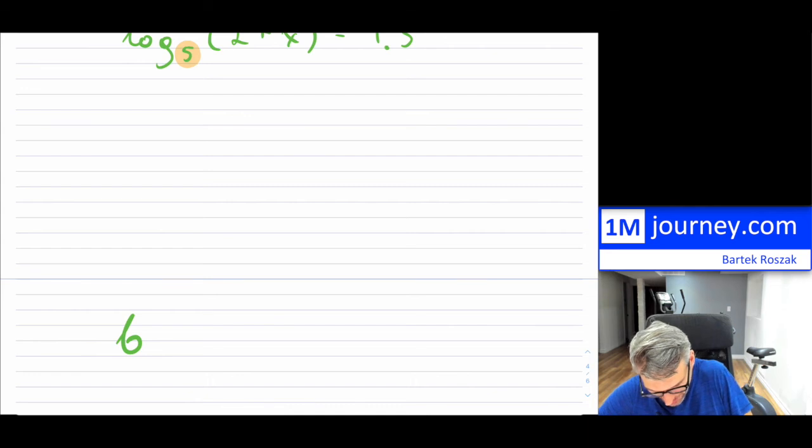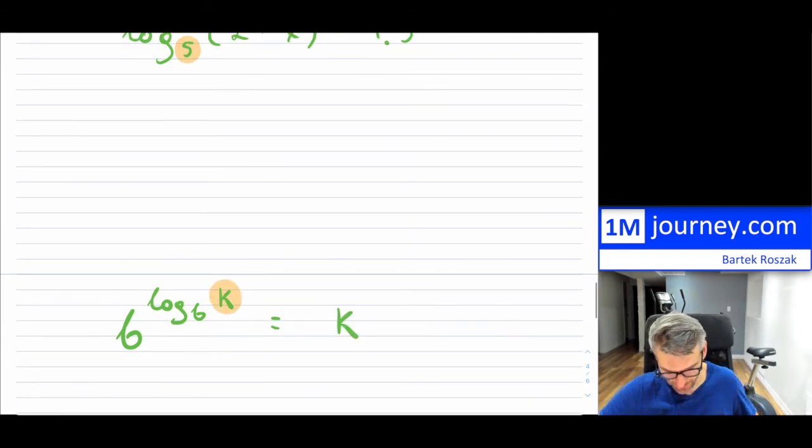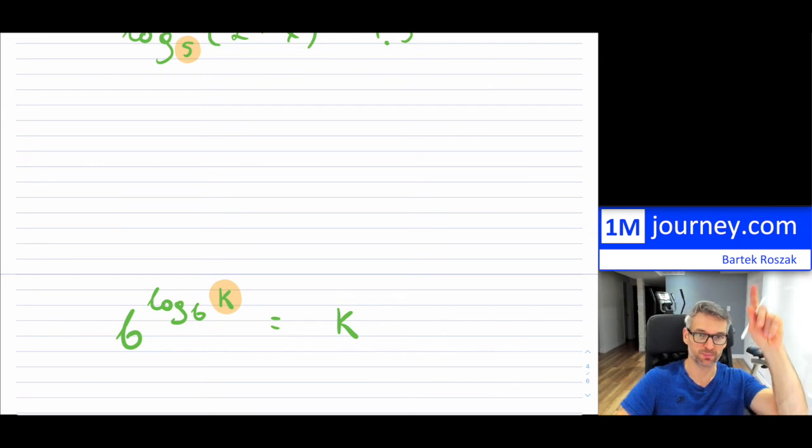When you have a base raised to the exponent of log of the same base of, let's say, k, this just equals k. So that's from that property.